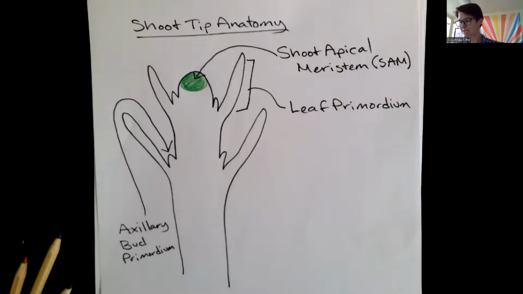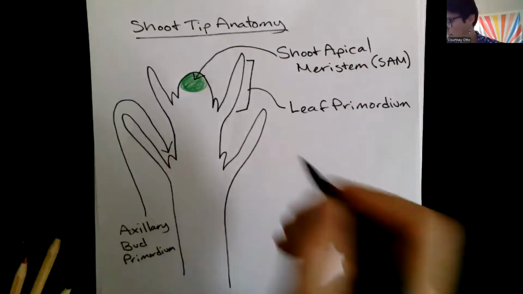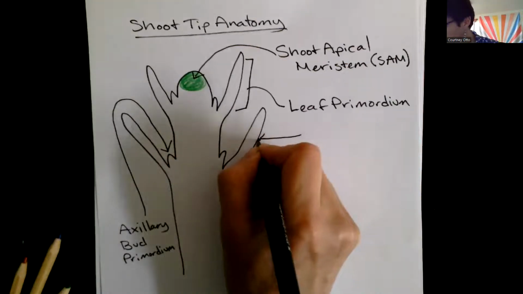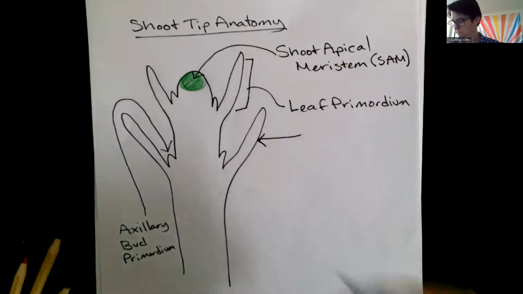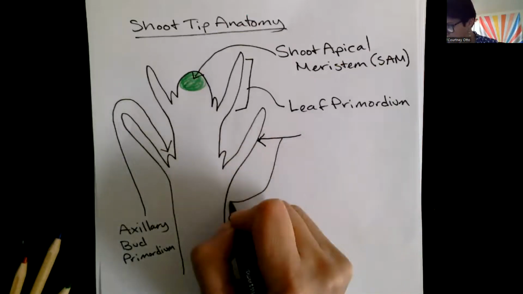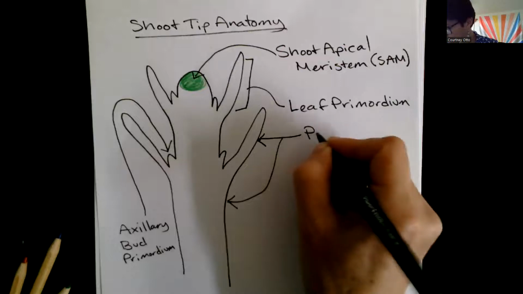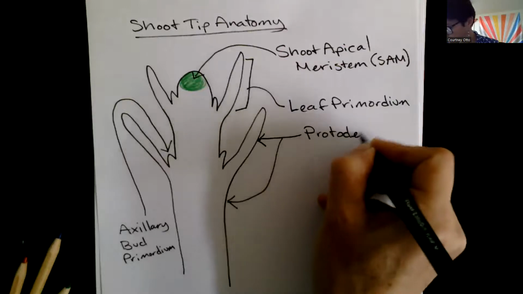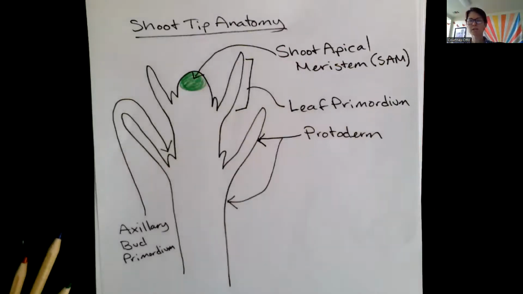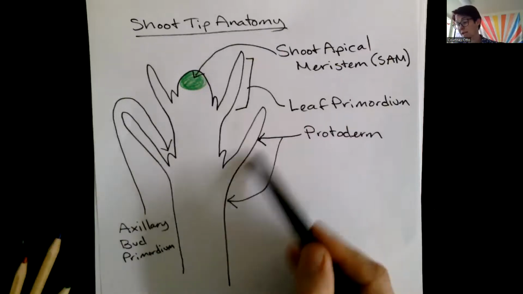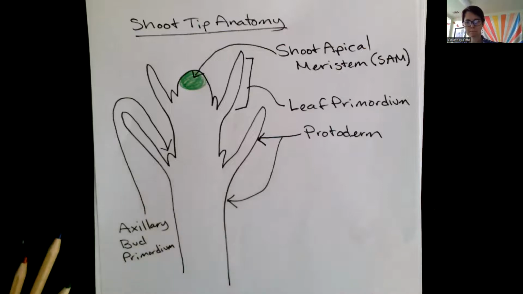So the protoderm is going to be just a single cell layer on the outside of our developing leaves and our developing stem. And just like it did in the root, that's going to develop into the epidermis of, in this case, our leaves and our stem. Well, running in strands is where we're going to find our procambium.